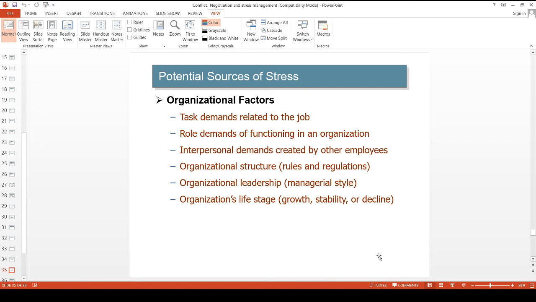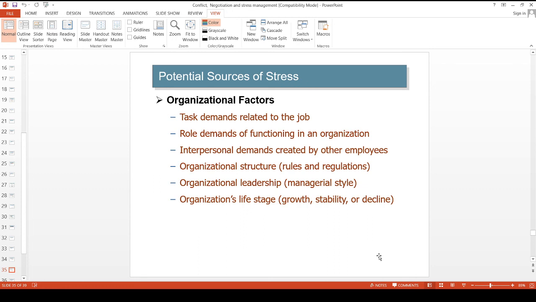For example, you can see that in some public sector organizations, due to obsolete rules, there will be more stress. You must have seen this in government employees, as compared to multinational companies. Organizational leadership style again. In some organizations there is a traditional style of management, and in some there is an innovative and dynamic style of leadership.